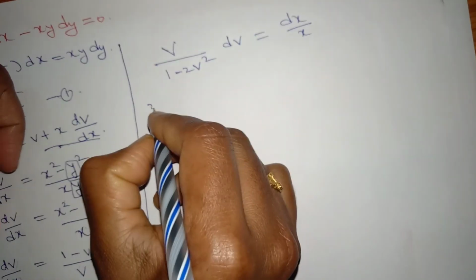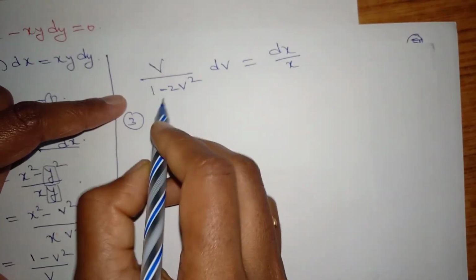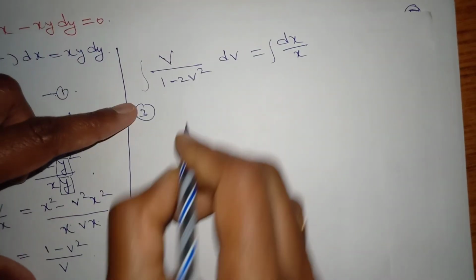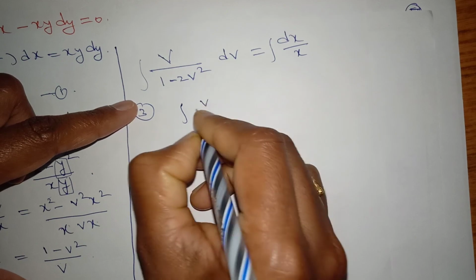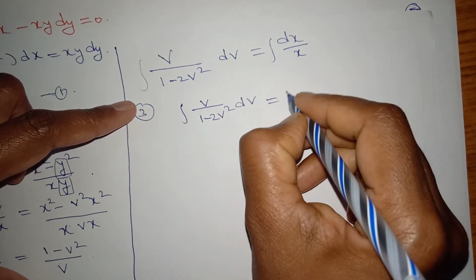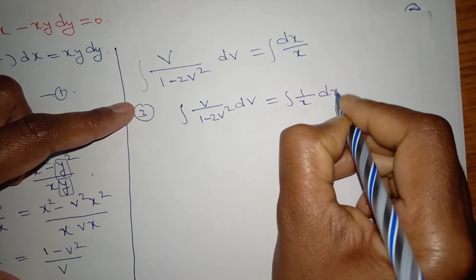Now step 3, integration. Integrate the above equation on both sides. Integration of v by (1 minus 2v square) dv equals integration of 1 by x dx.